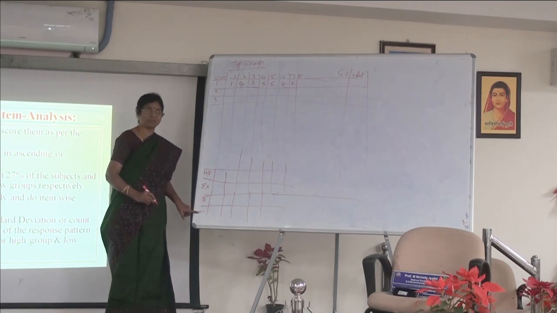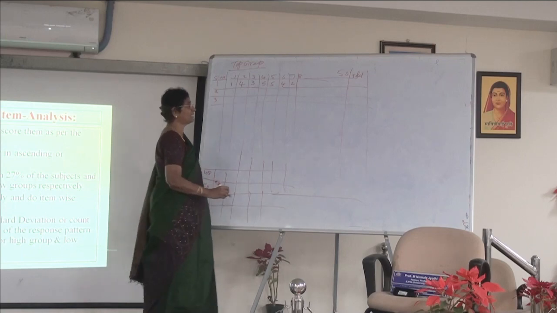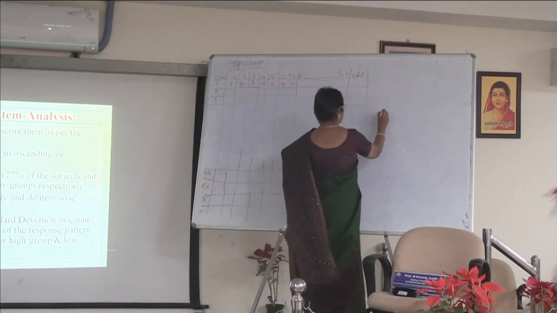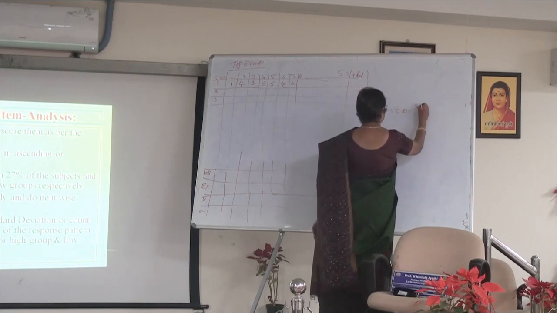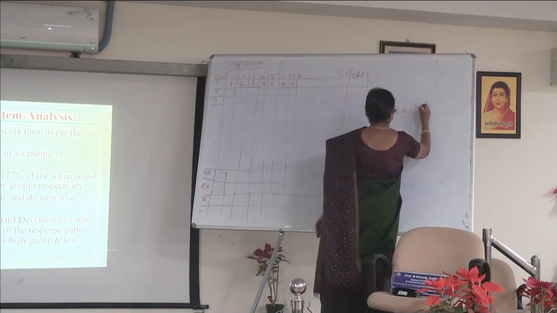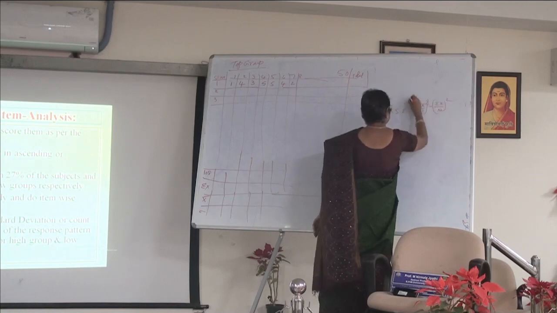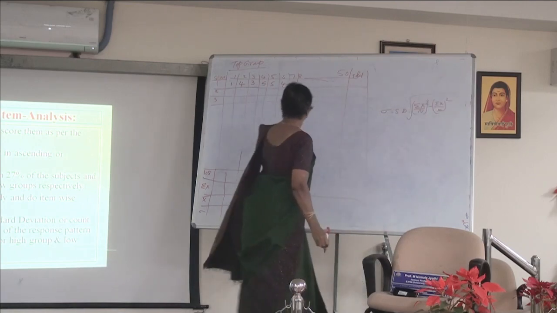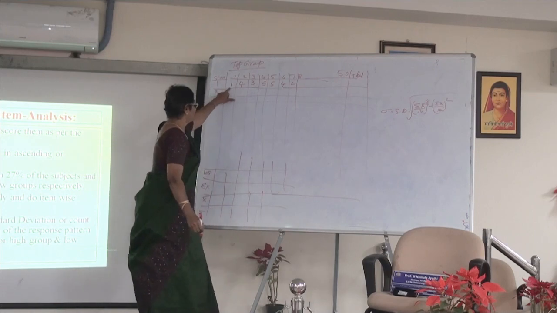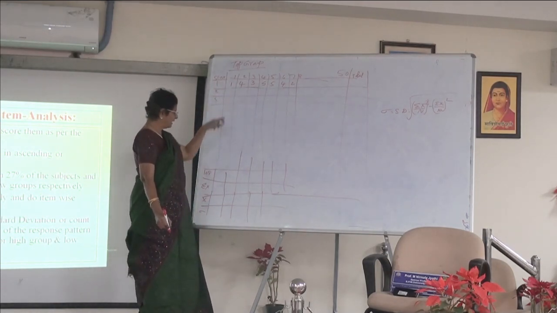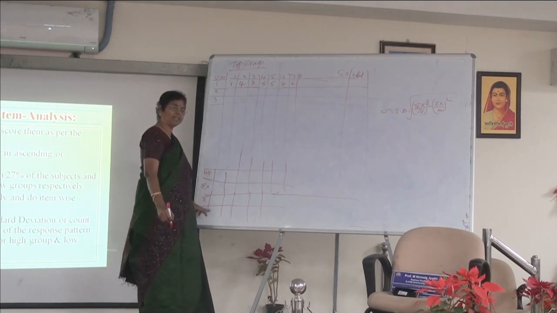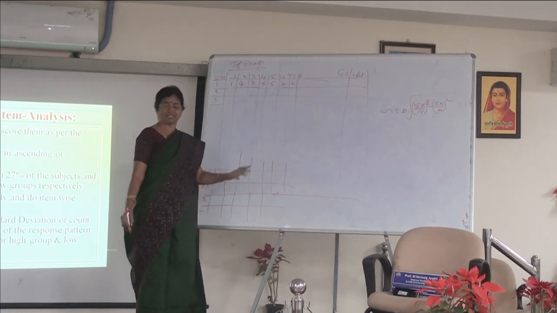And this also you can calculate. How do you calculate this? Sigma is nothing but standard deviation. This is the square root of sigma x square by n minus sigma x by n whole square. For each item, you calculate x square, and then get the sigma x square and substitute, you will get it.